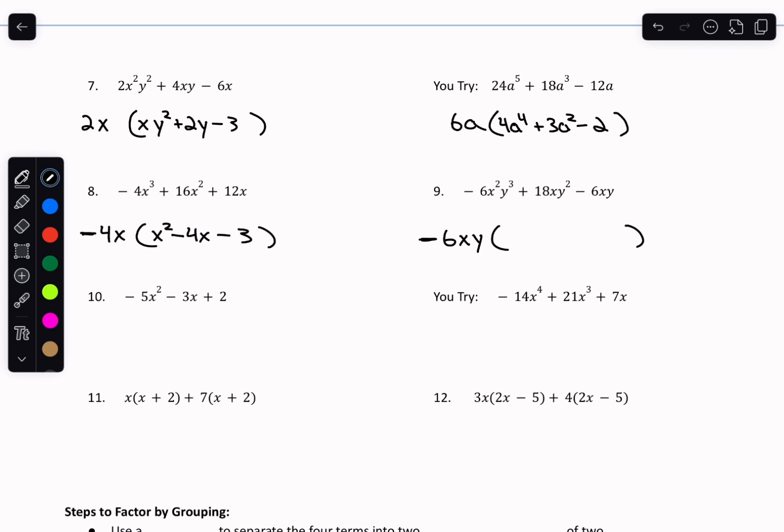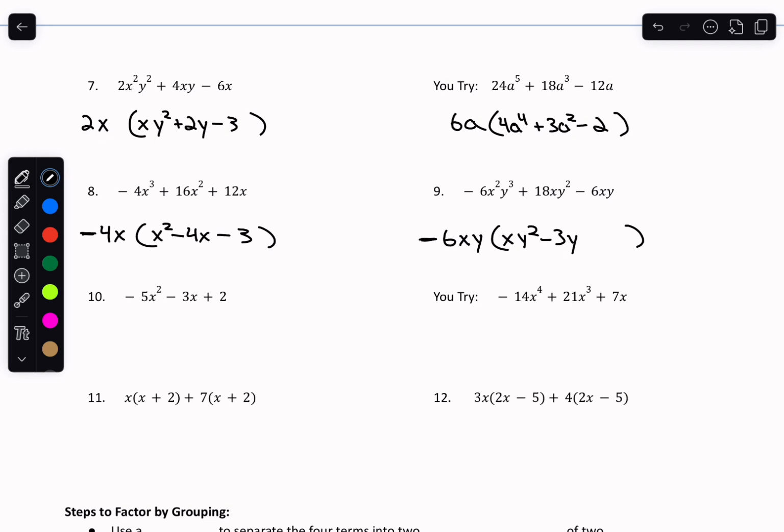From the first term, the negative 6's will divide and give us 1 in front. X squared over x gives us 1x, and y cubed over y gives us y squared. 18xy squared divided by negative 6xy is going to become negative 3. The x's are going to divide each other out, and y squared over y just leaves us with y to the power 1.